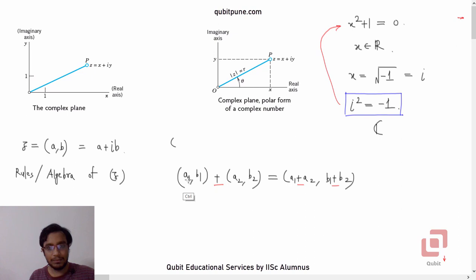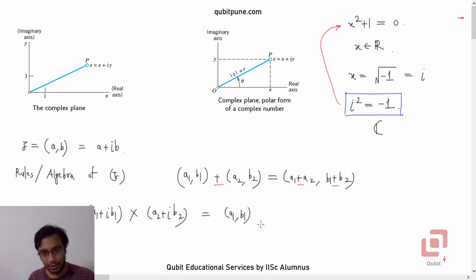If you have two complex numbers, a1 plus i b1 and a2 plus i b2, and we multiply them, we may even write it as the ordered pair (a1, b1) multiplied by the ordered pair (a2, b2).